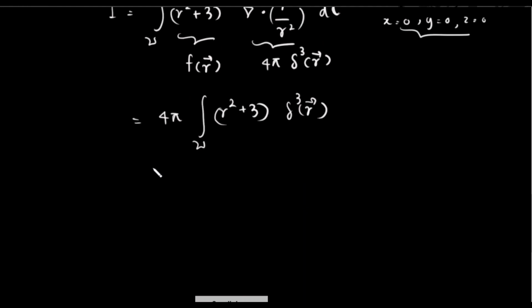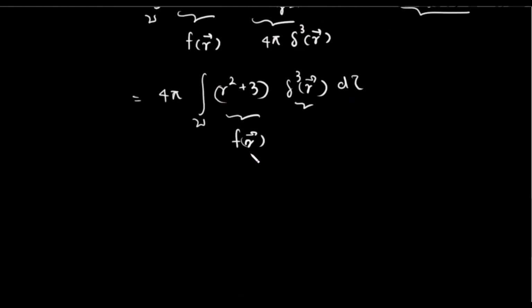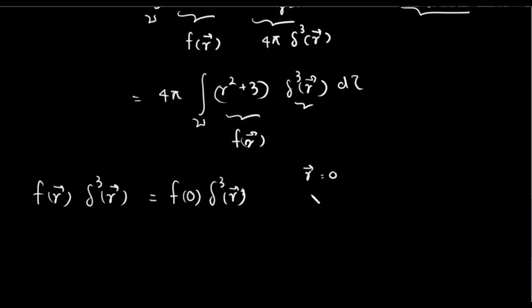Now you can see that this is f(r), and you have a delta function here. So you are going to use the previous result: if you have f(r) delta cube (r), you can use f(0) delta cube (r), because only when the r vector is null do you get a value for this delta function.